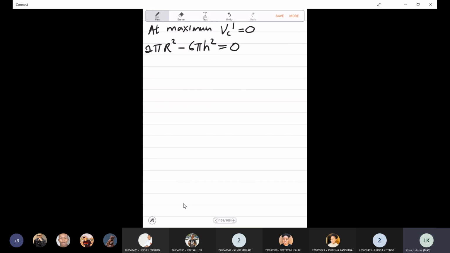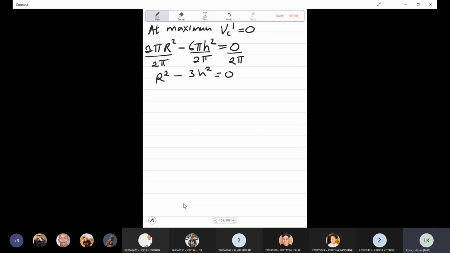Then we can solve for h, divide by 2 pi throughout first. So we get R squared minus 3 h squared is equal to 0.